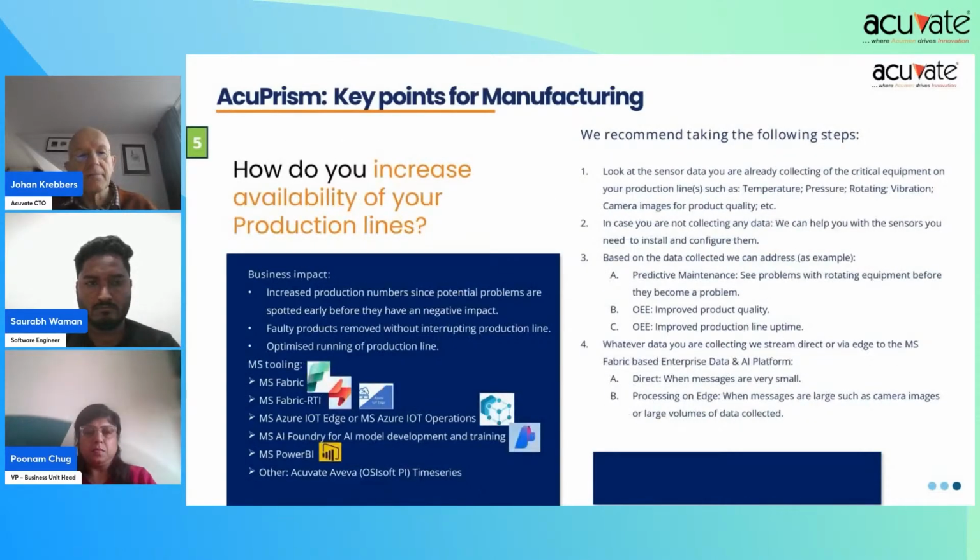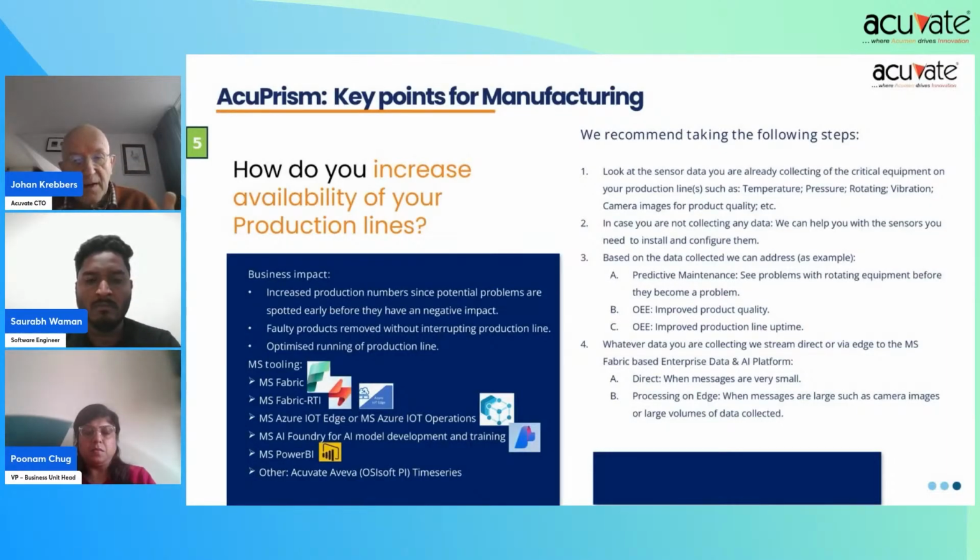How to increase availability of production lines. It's really things like predictive maintenance that will help over here. And what's predictive maintenance? You collect your time series data, you collect your ERP data, and then we develop machine learning models to predict, based on historical data and real-time data, future failure, days in advance, of rotating equipment like engines, compressors, turbines, you name it.